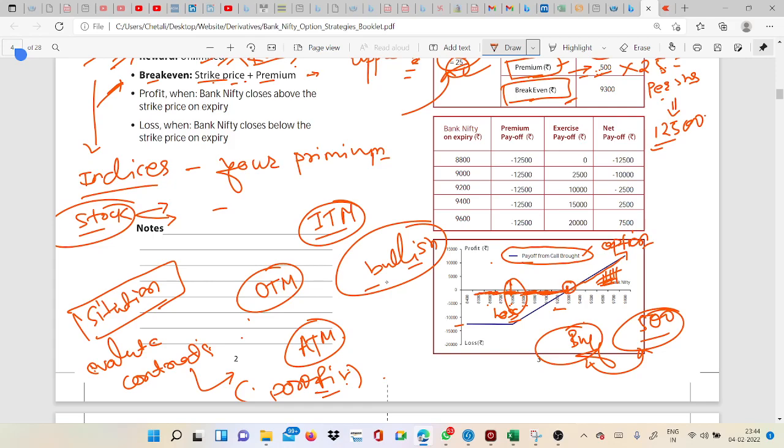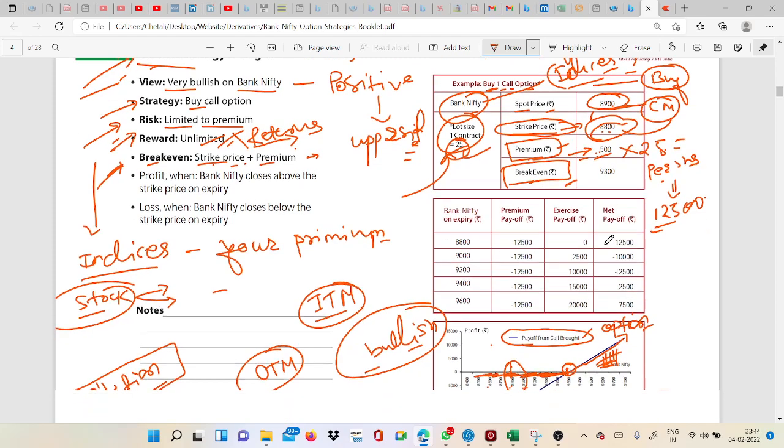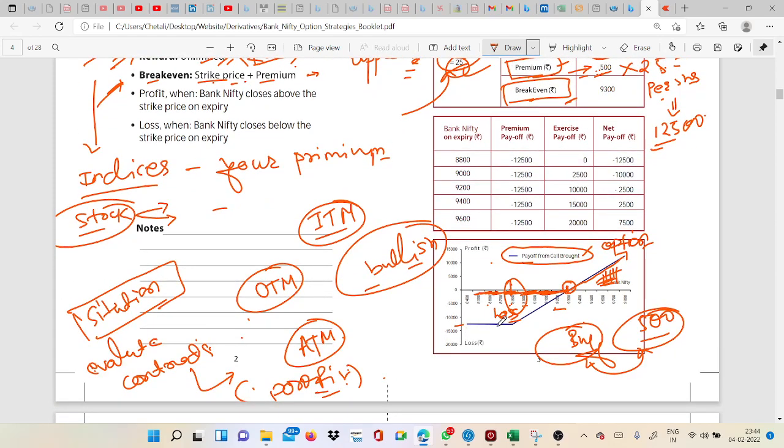Because if you see this, the market price of the contract is around 8,900, but we are targeting 8,800 only. So in that case, you are looking for a call option, and the market price is something different, and the strike price you are looking at is something different, this one.